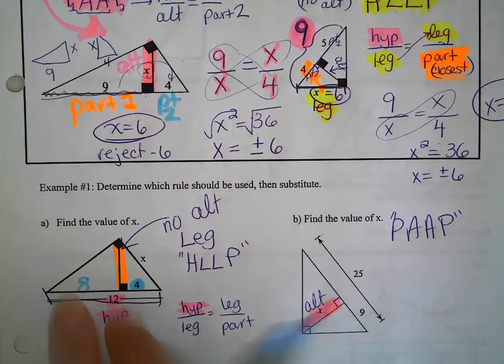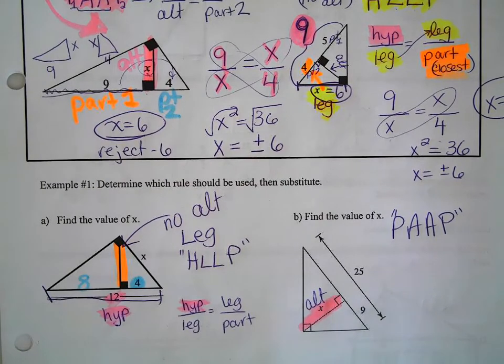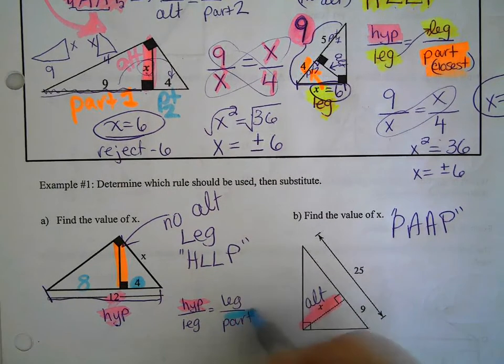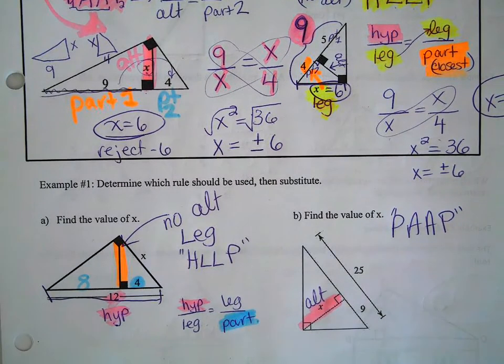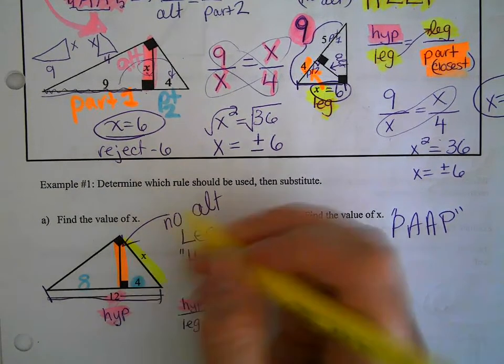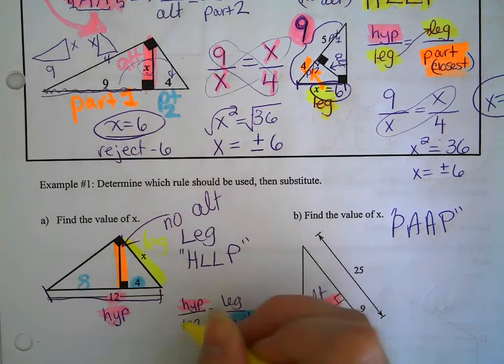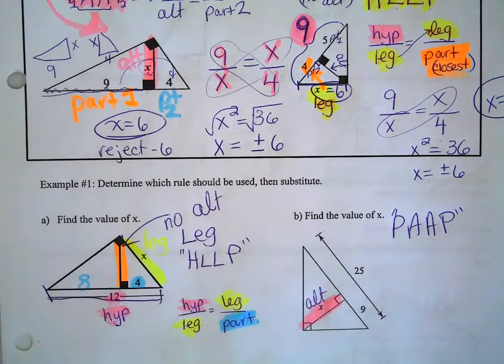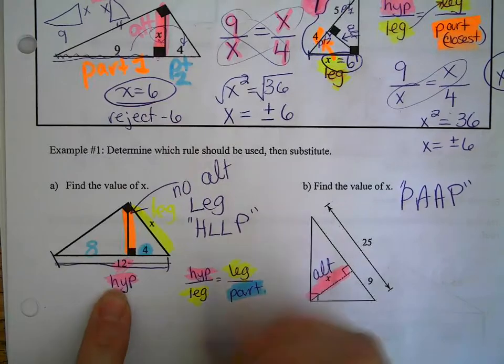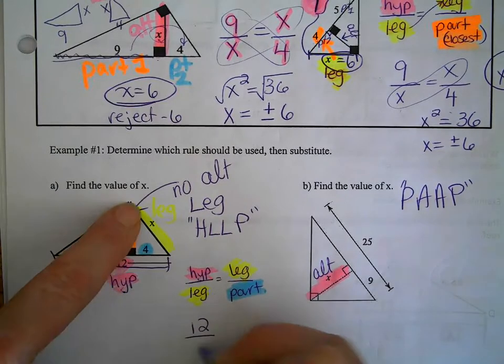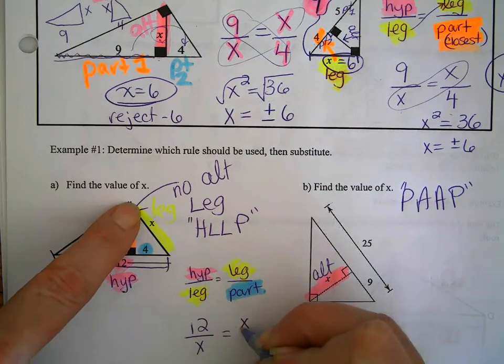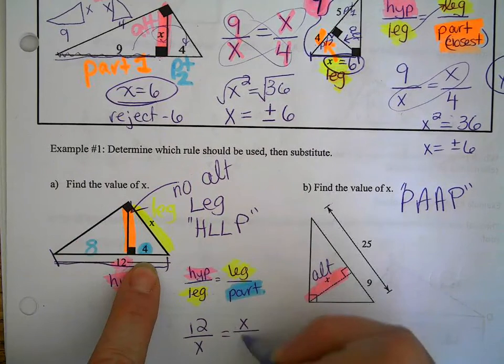Okay, so the leg that they're looking for, that's our part. The leg that we're looking for is going to be the x. So substituting the pieces in, the hypotenuse is 12, the leg is x, which repeats up top, and the part is 4.